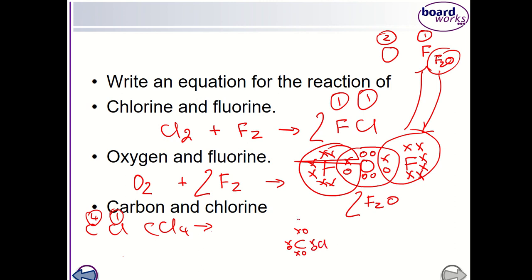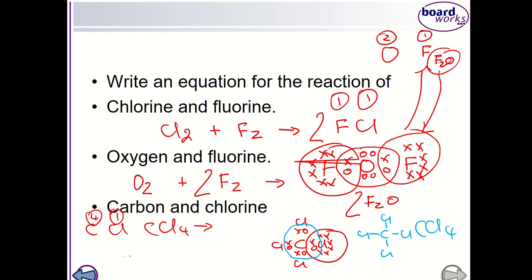Carbon is in the middle, chlorine, chlorine, chlorine, chlorine, and each chlorine, I'll not draw them all on here, has its 7 crosses. Okay, and if we look at our carbon then, we just have got our 8 electrons that are being shared. So it has got its 8 electrons in its outer shell, and that means we have Cl, single bond, Cl, single bond, Cl, single bond, okay? And our formula is CCl4.